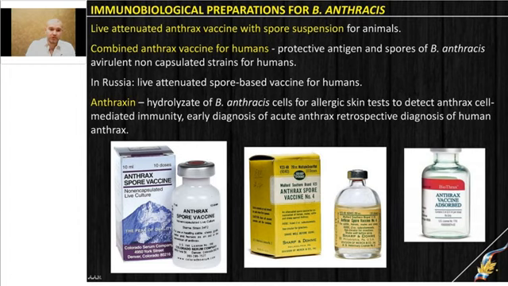It is a hydrolyzed Bacillus anthracis cell for application on skin, and if the subject is applied with anthraxin and redness appears near the site of inoculation, it means that the subject has immunity, and it can be used for diagnosis of human anthrax. But of course, if immunity is already present, it means the subject was ill. It's rarely used for common diagnosis, but it's important for retrospective diagnosis, to confirm diagnosis or to evaluate immunity before vaccination.